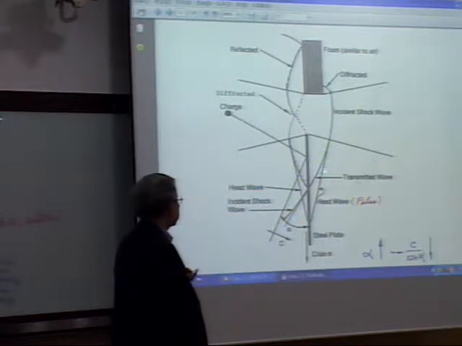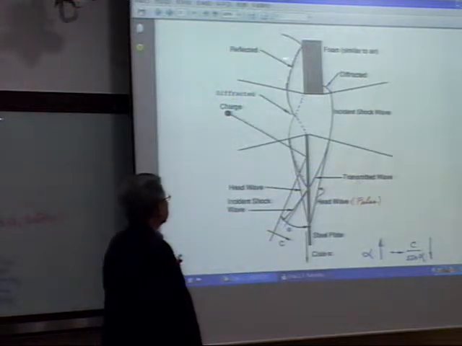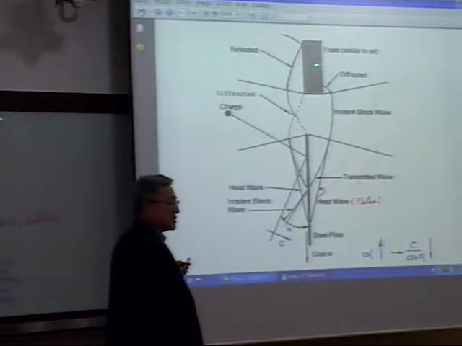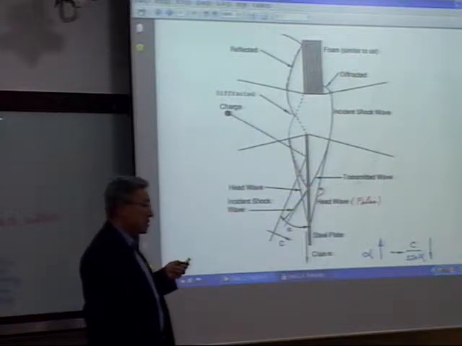And when the wave hit the foam, it reflected. It can't penetrate. Wave cannot penetrate in the air. Same property as air.